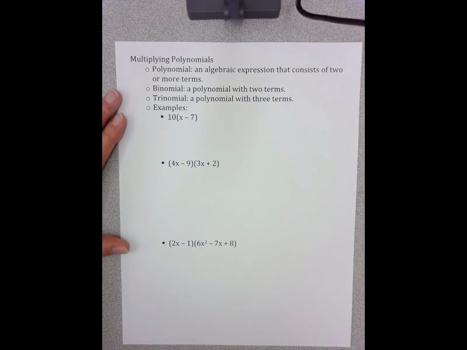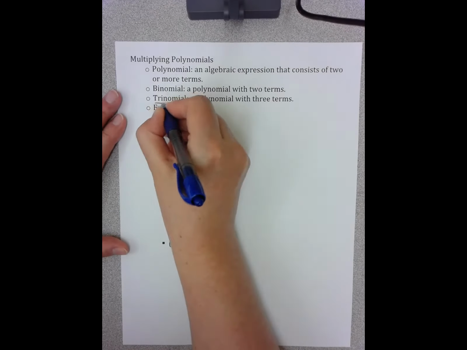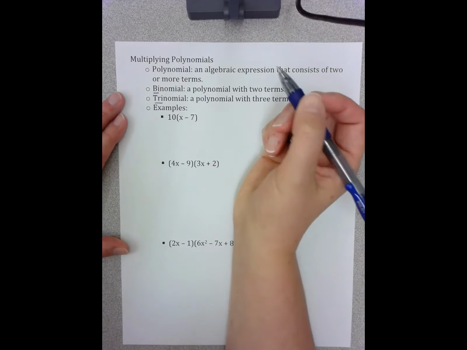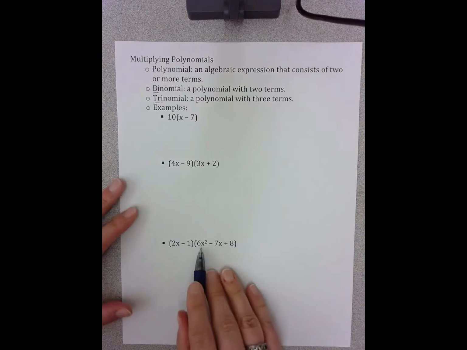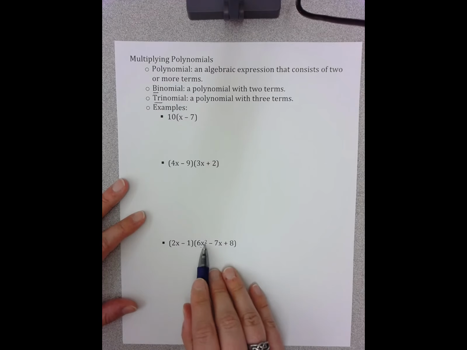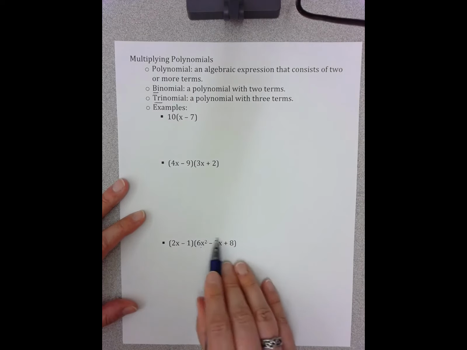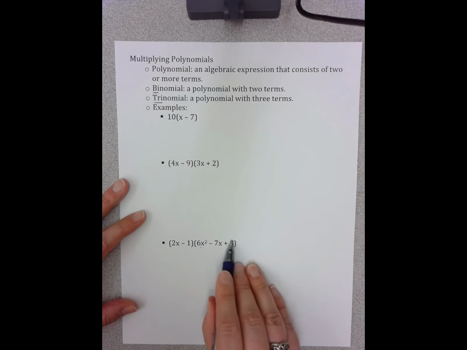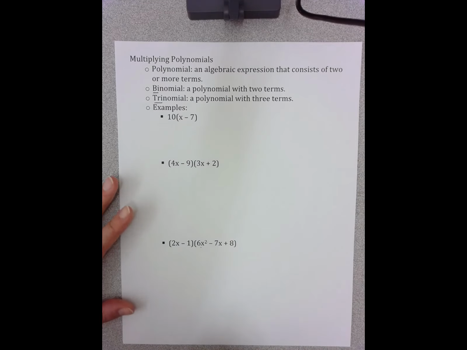A trinomial is a polynomial with three terms, tricycle, bicycle, two wheels, three wheels. An example of a trinomial can be found in the third example down here, where I have 6x squared, a negative 7x, and a positive 8, three terms.